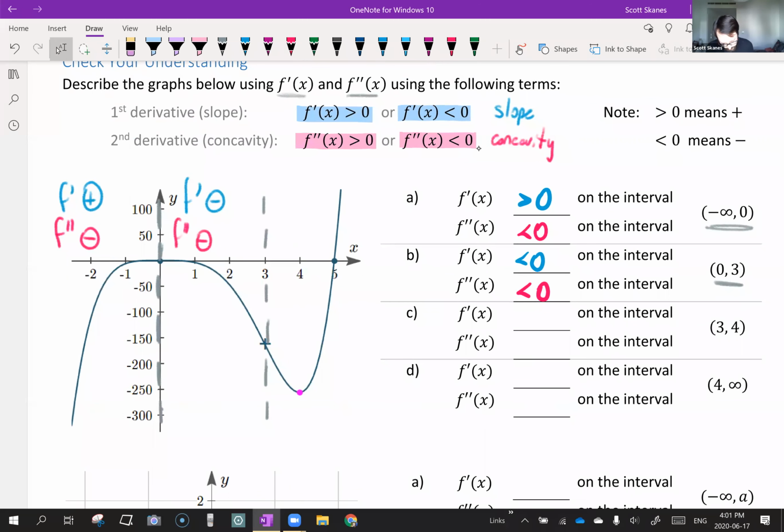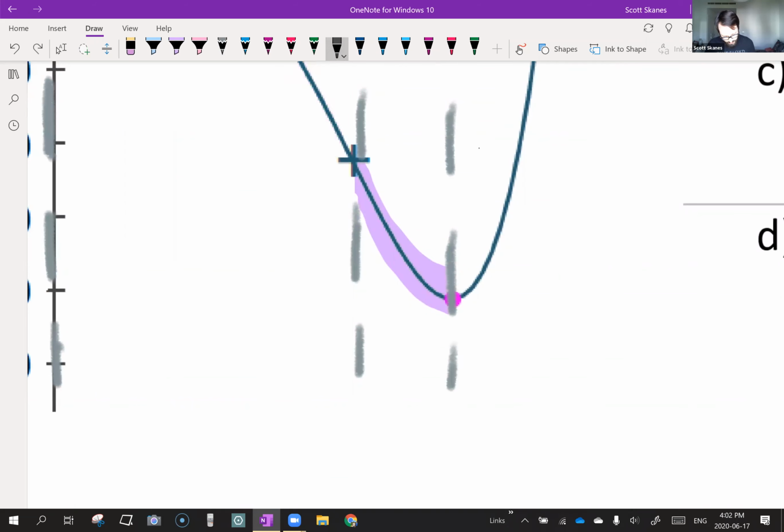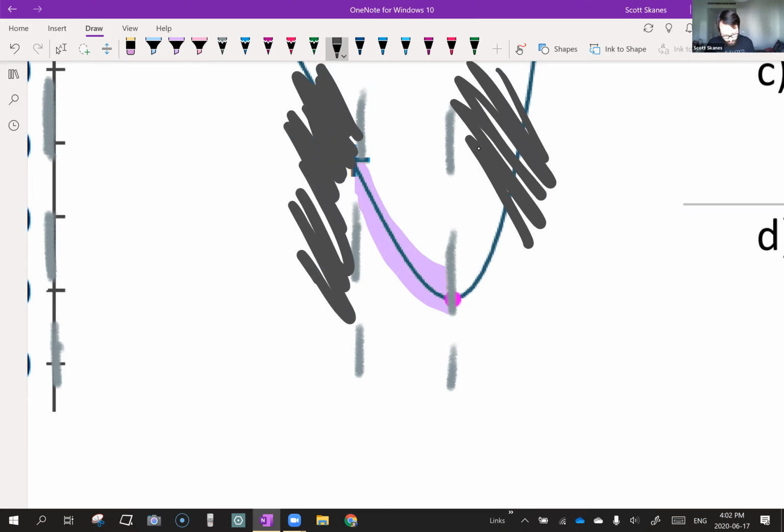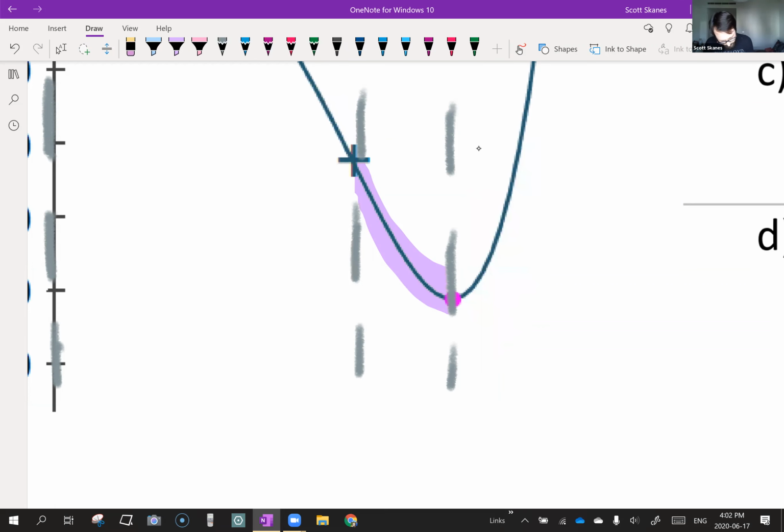Let's do another one. On the interval 3 to 4, which is just this little piece here, we're talking about this. This one's a little tricky. Is that concave up or concave down? If we look right in on it and pretend the rest of the world doesn't exist, if you had to choose if it was going up or going down, this is definitely concave up, because it's like part of this.